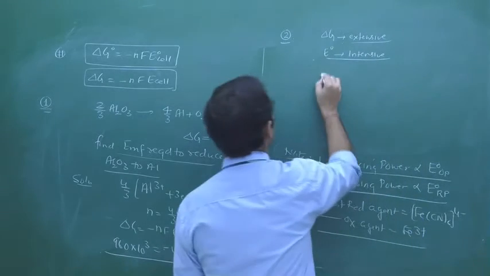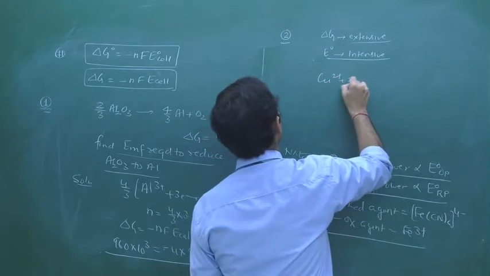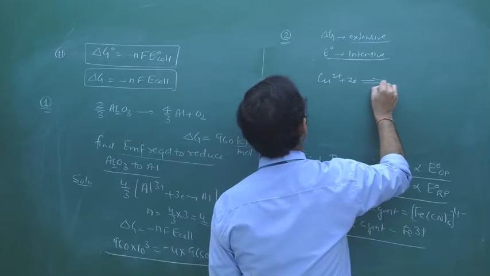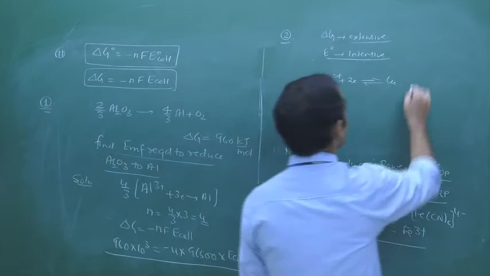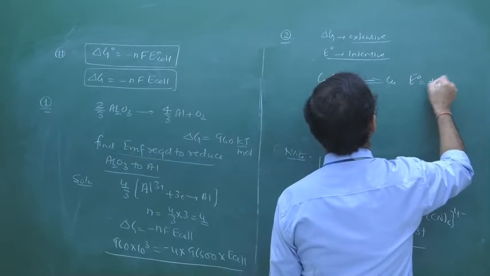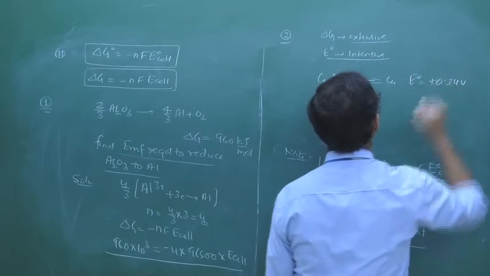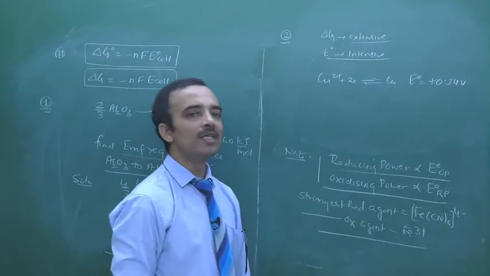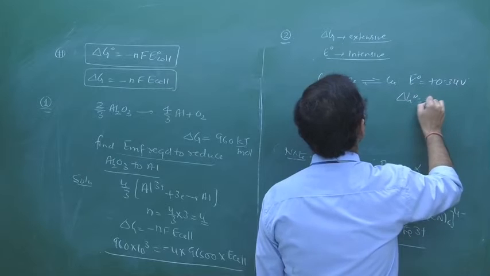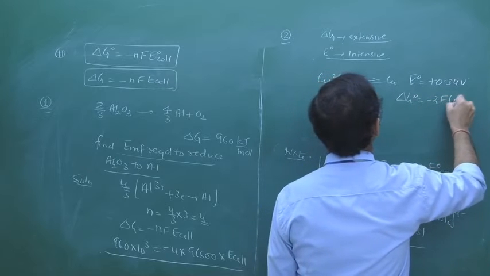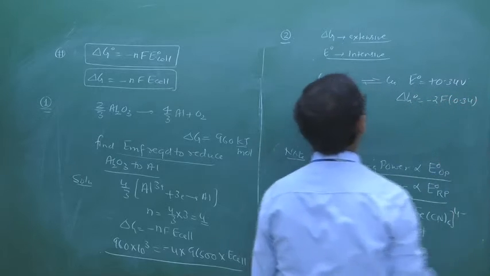For example, Cu2+, its E naught is plus 0.34. Now its delta G naught is minus 2 into F into E naught.